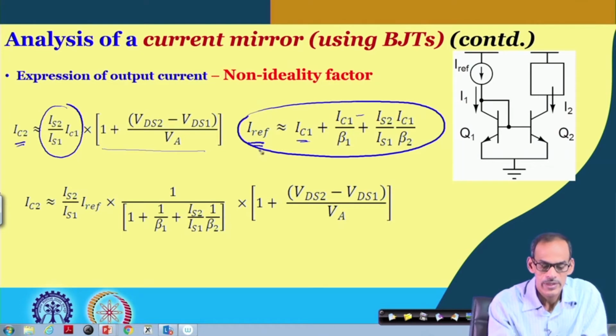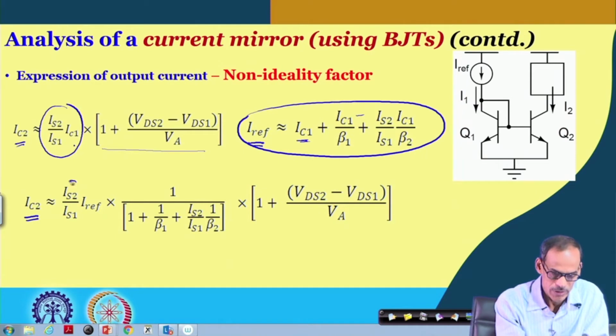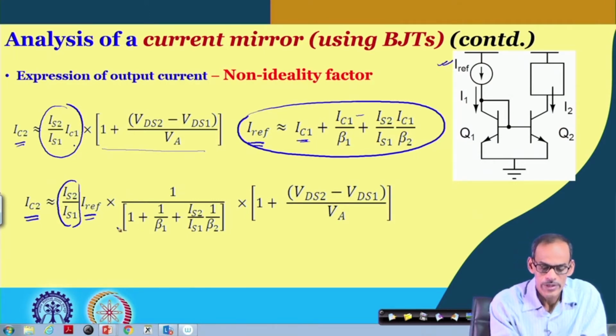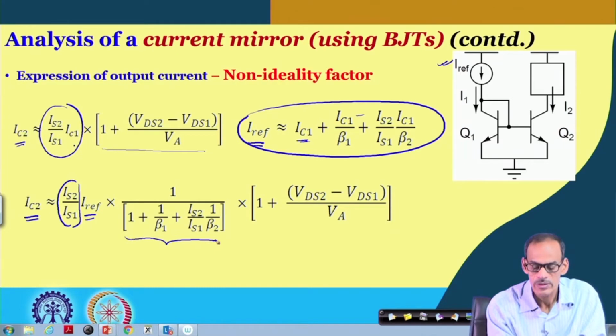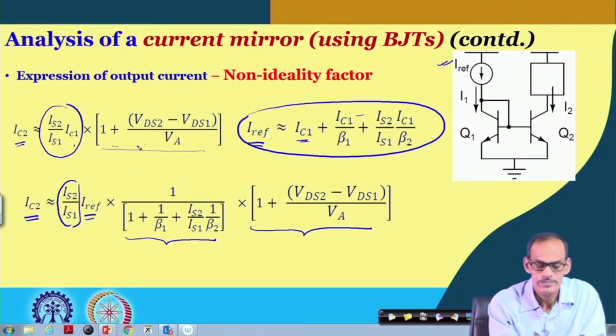By plugging the expression of IC1 into this equation, we get the final expression of IC2, which is the ratio of the reverse saturation currents multiplied by the reference current, multiplied by 1 divided by this factor, and also this factor.